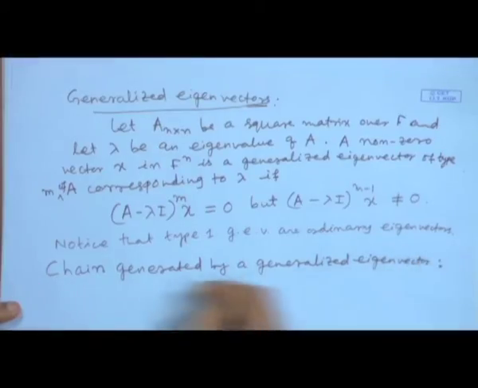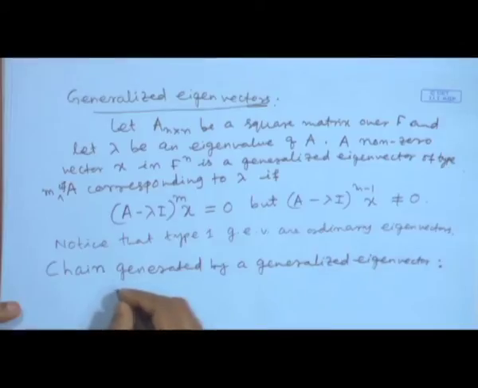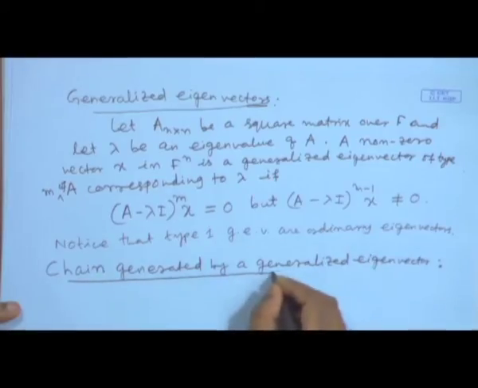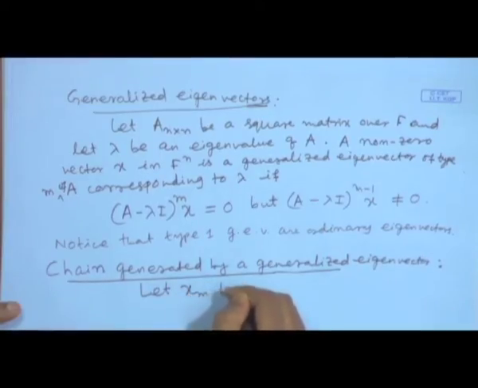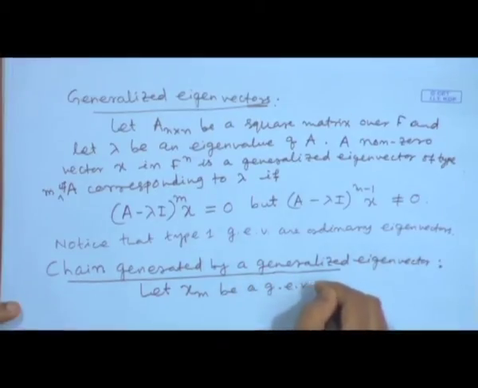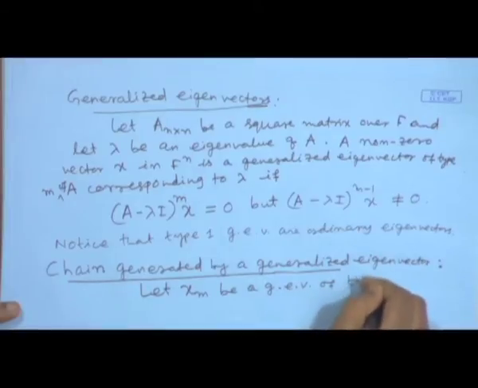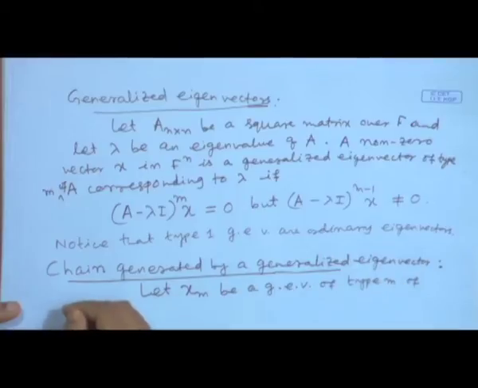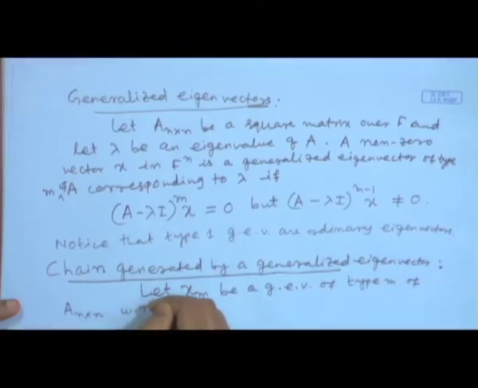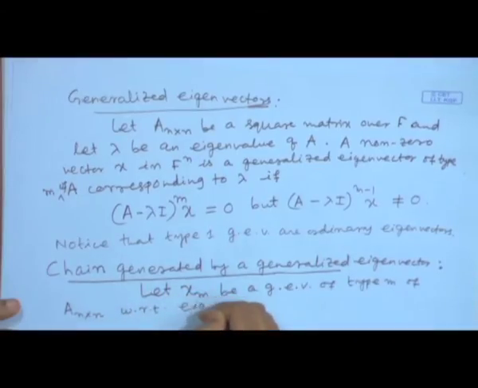Let x_m be a generalized eigenvector of type m of a square matrix A with respect to eigenvalue lambda.